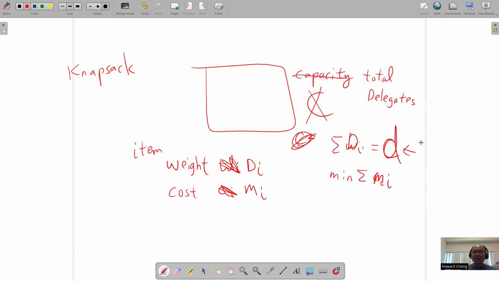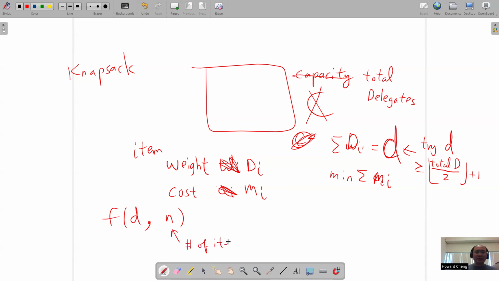And we're going to try d that are at least the total number of delegates divided by 2 plus 1. And we're just going to try them all. And this, we will write F of d, comma, n, where n is the number of items. Okay, so if you have n items or n states that matter, right? We only worry about the ones that you can use to influence.